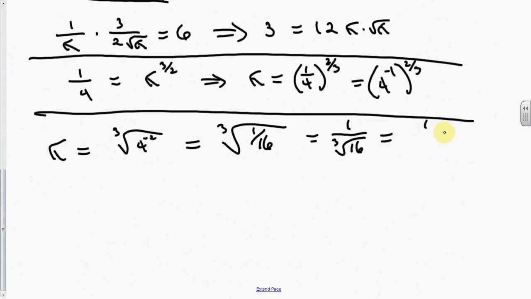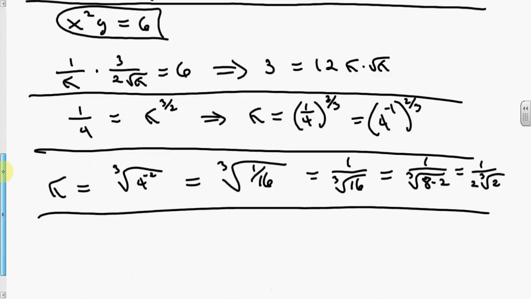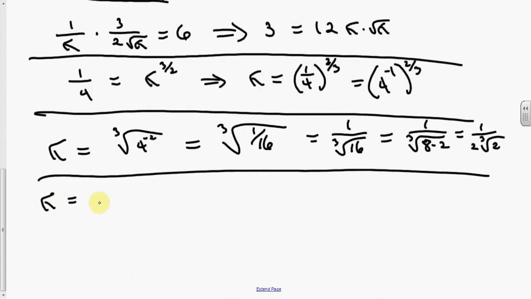And this is 1 over the cube root of 8 times 2, or 1 over 2 times the cube root of 2. That's lambda. Now I can get x and I can get y. So lambda is 1 over 2 times the cube root of 2.